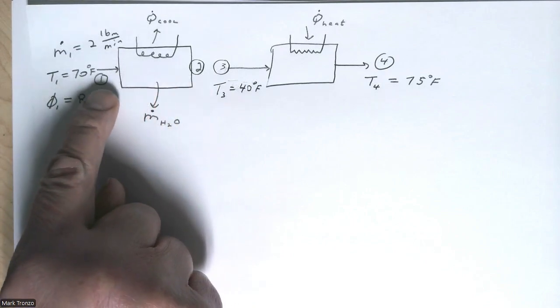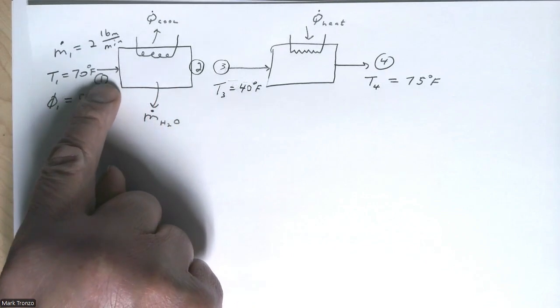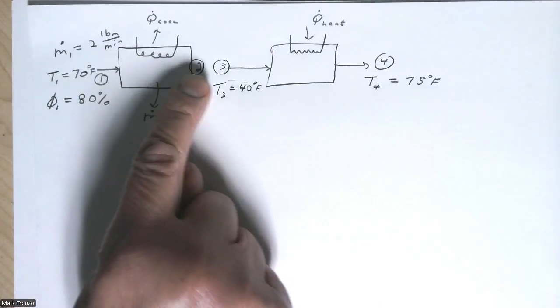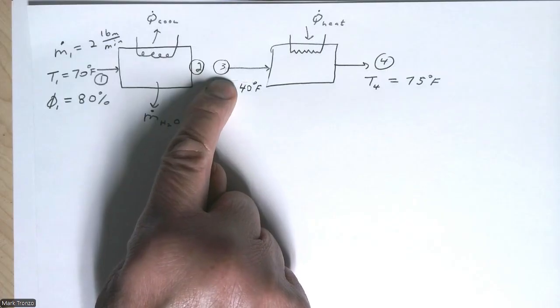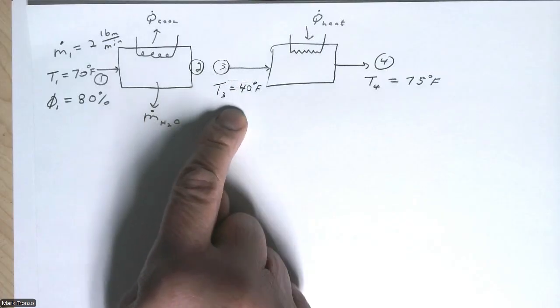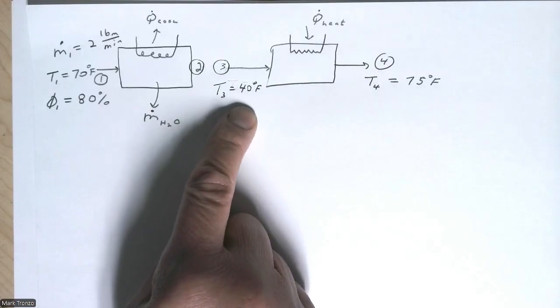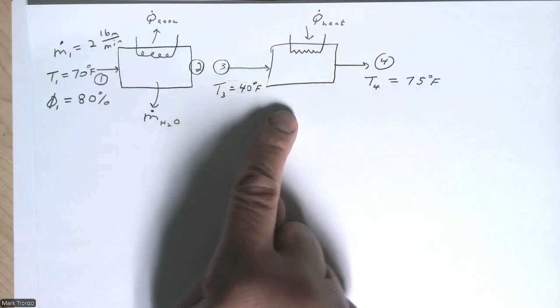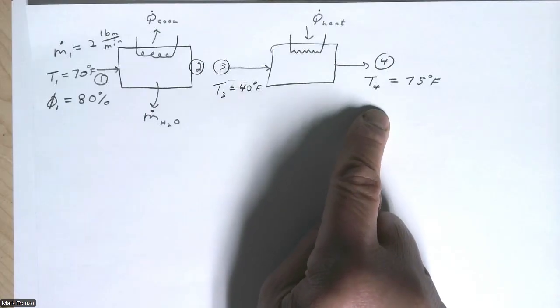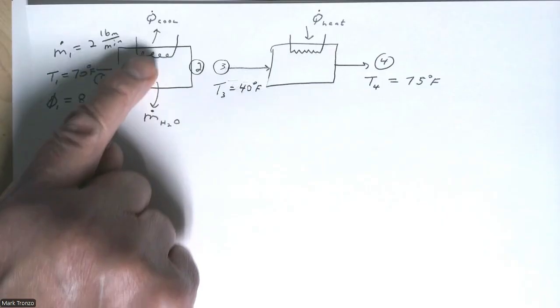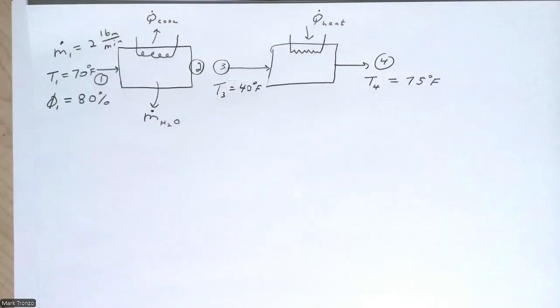So this is, let's say, the inlet, and then this would be when it gets to the dew point, and state three is at the end of the whole cooling process. We're told it's going to be 40 degrees at that point, and then the air is going to be heated and come out at 75 degrees. Again, it's being cooled here and heated here.